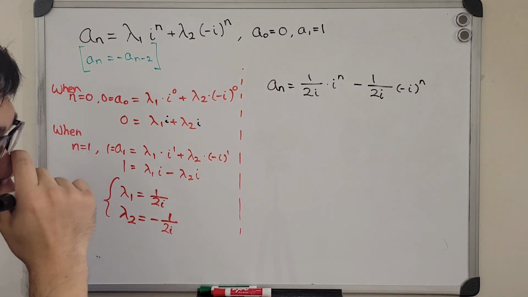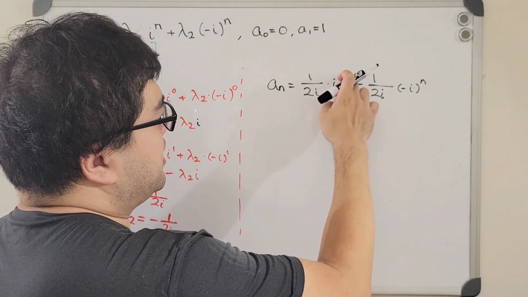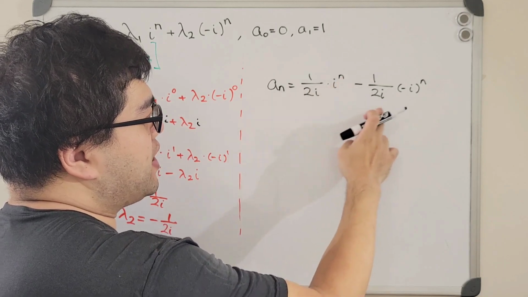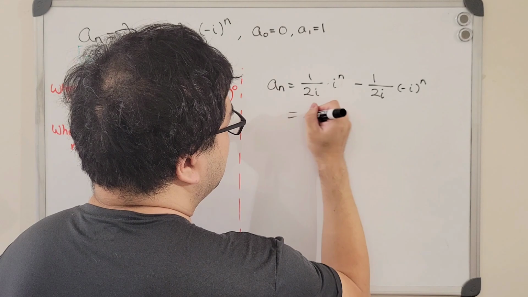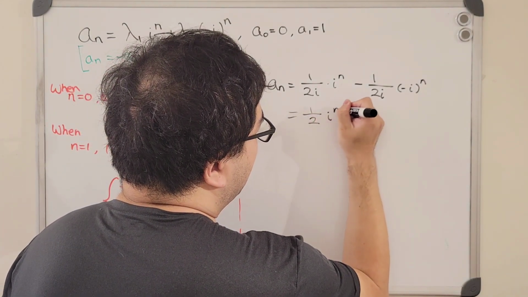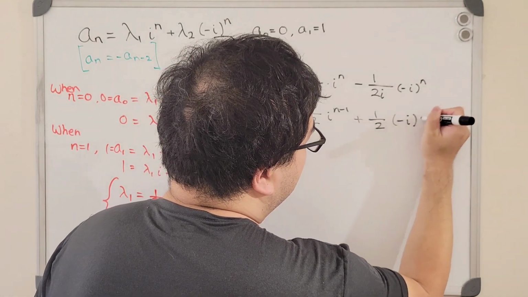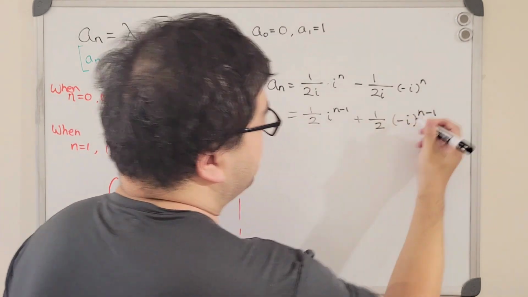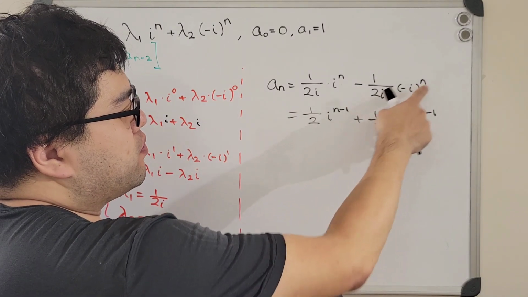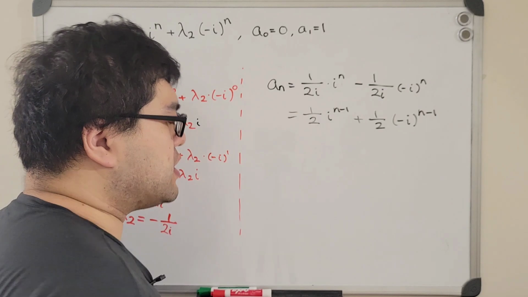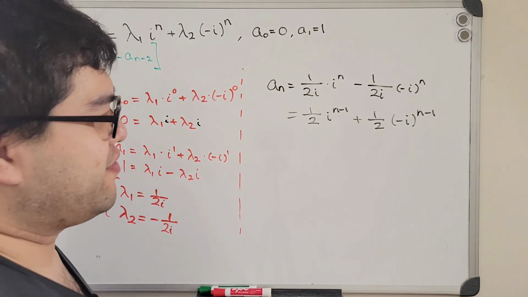And of course, you can try to simplify the n by putting it there and say it as i to the n minus 1 power, and then here we will change it to plus 1/2 negative i to the n minus 1 power. And again, because we can just put a negative down here, we'll be able to rewrite the exponents into negative first power.